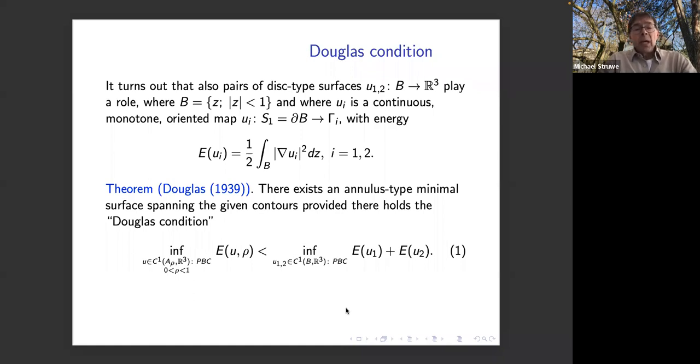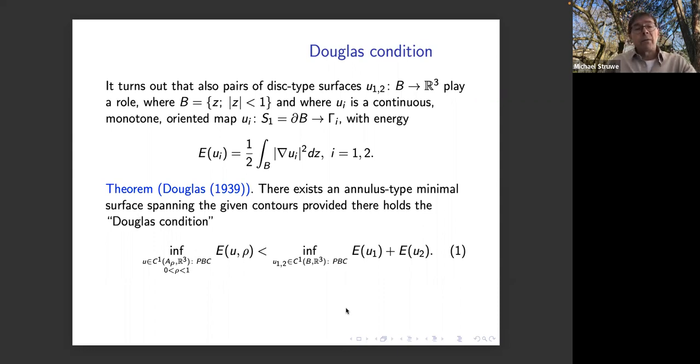He was able to prove that such minimal surfaces exist whenever the Douglas condition is satisfied, which means that the infimum of the energy of surfaces that are truly of annulus type, so where the conformal parameter rho is strictly between 0 and 1, is strictly below the infimum of the sum of energies of a degenerate pair of disk-type surfaces.